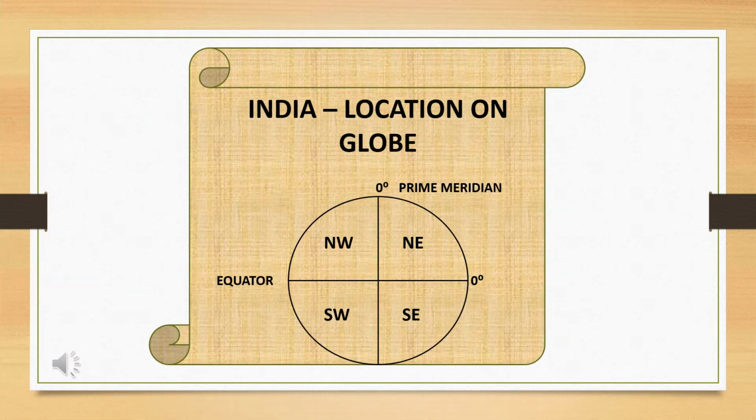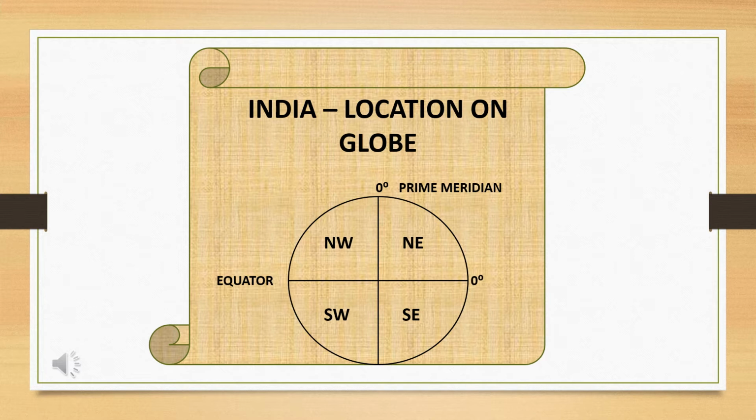India location on globe. To understand India's location on globe, firstly you must be aware that broadly our Earth can be divided into four hemispheres. That is, if we divide it along 0° equator and 0° prime meridian.